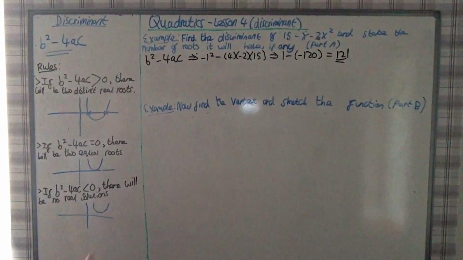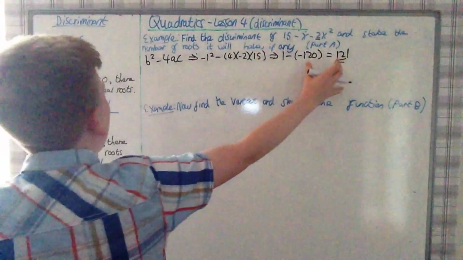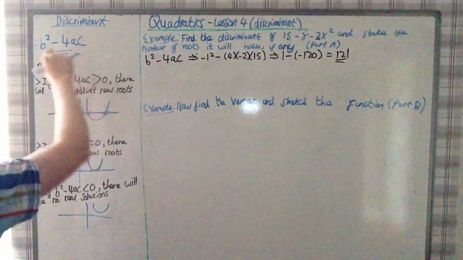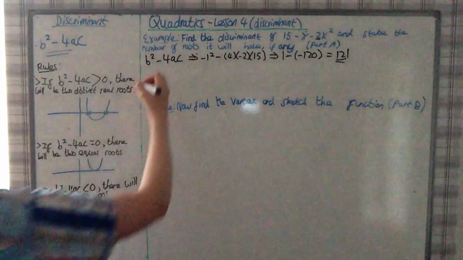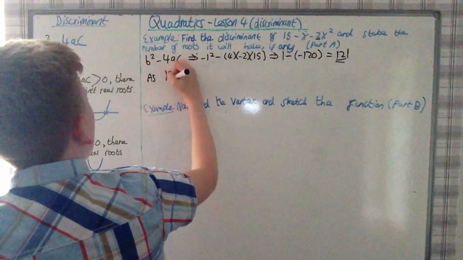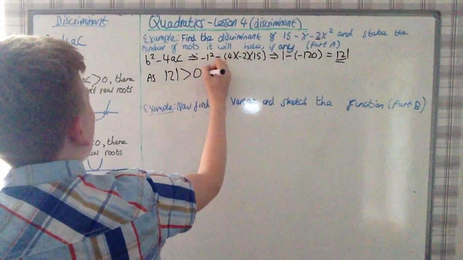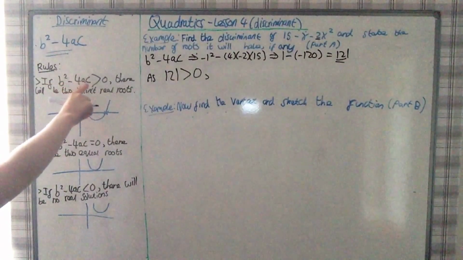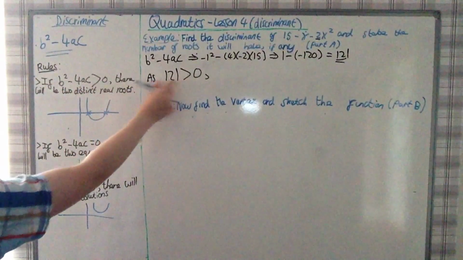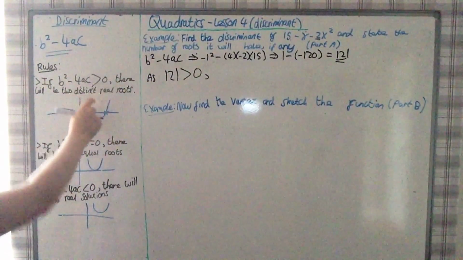The last thing to do to get the final mark is to state the point, referring back to our key points from the lesson. As 121 is greater than 0, if b squared minus 4ac is greater than 0, there will be two distinct real roots.